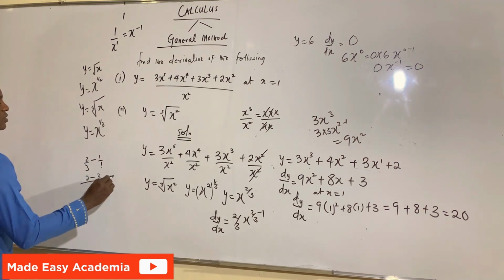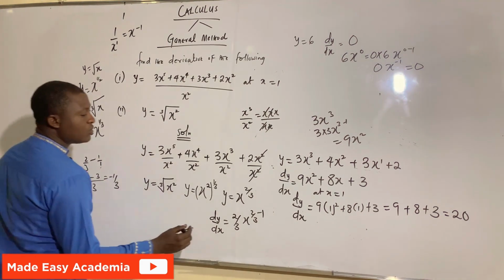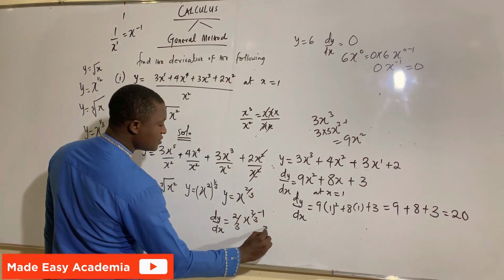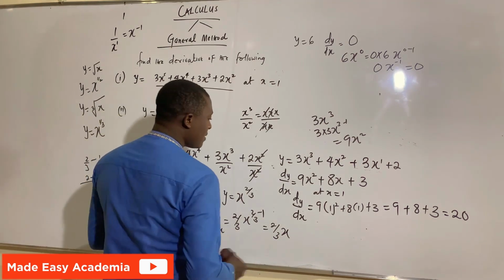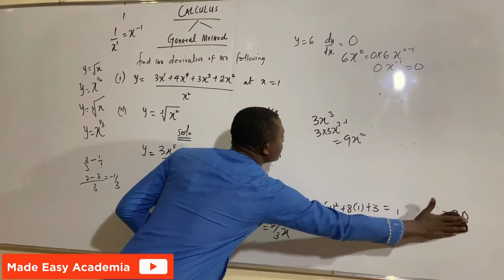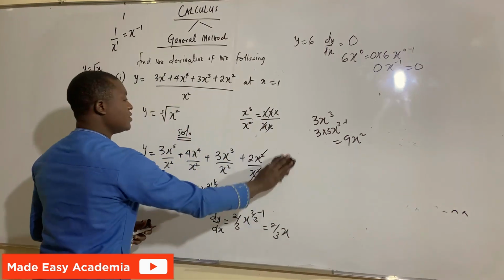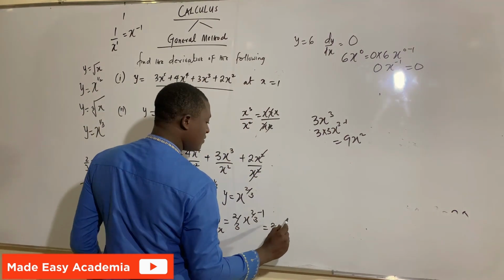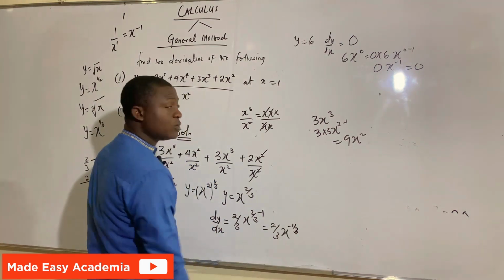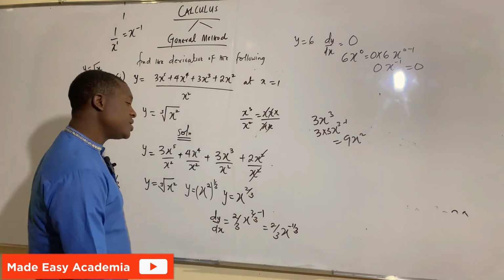Then 2 minus 3, we are going to have minus 1 over 3. So this result is 2 over 3 x to the power of minus 1 over 3. You can still go further by changing this.